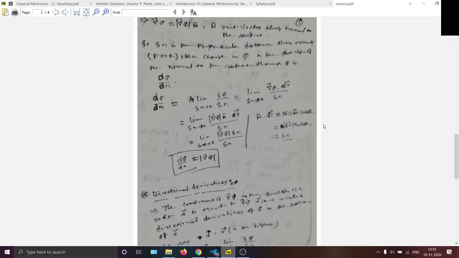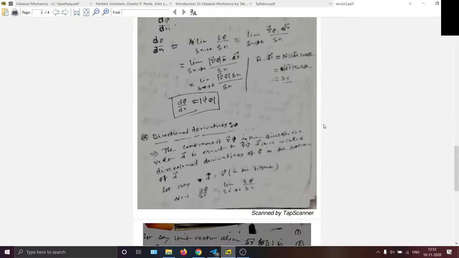If you know the normal, you can calculate d phi dn directly, which is equivalent to your gradient of phi, right? Either you know how phi is changing in x y z, and you can calculate grad phi taking all the components, or if you know the normal, you can differentiate this function with respect to the normal also.